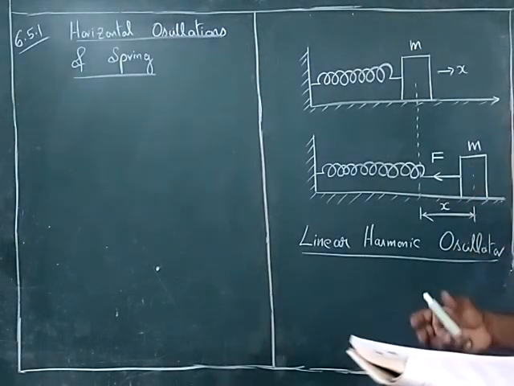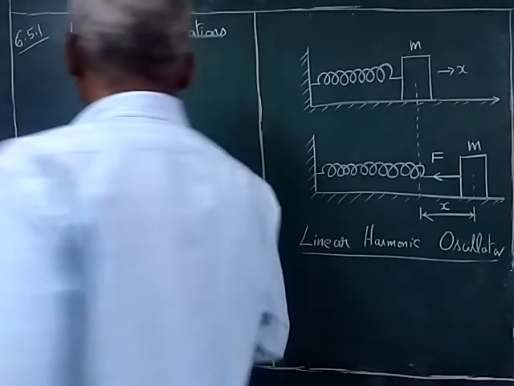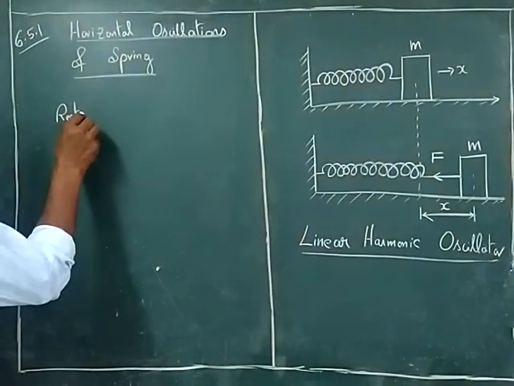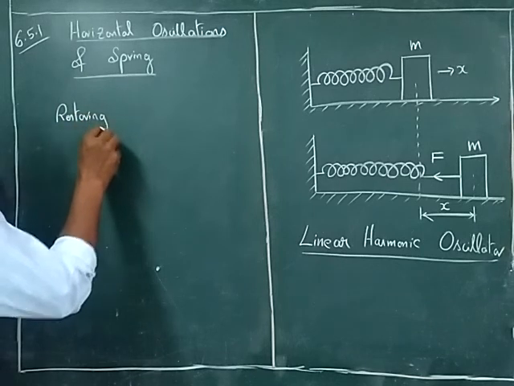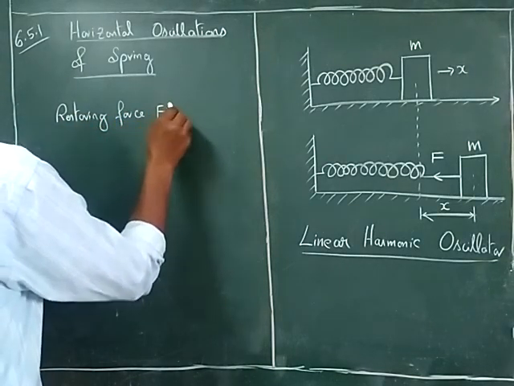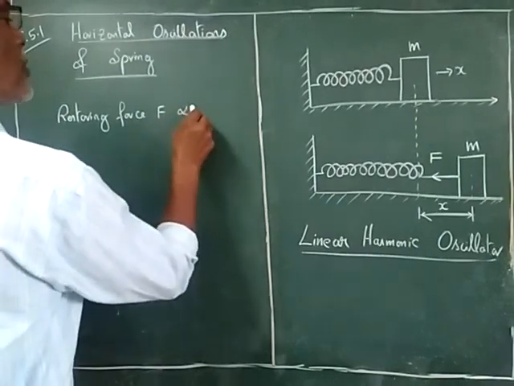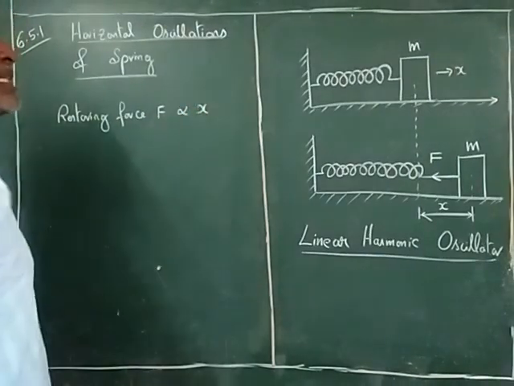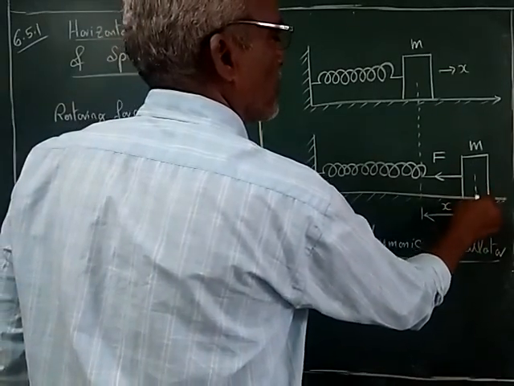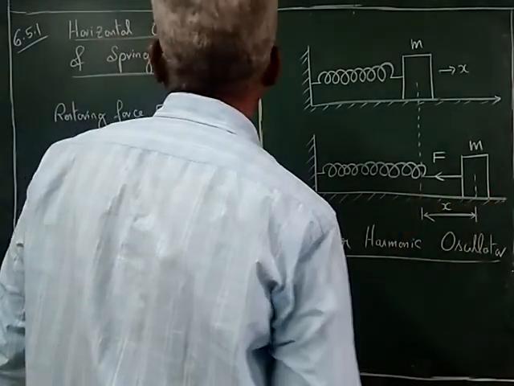Therefore, we can write the restoring force F is directly proportional to the displacement. In this case, the displacement is from this point to this point, so the distance is x.